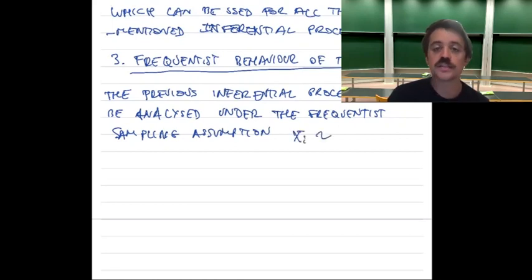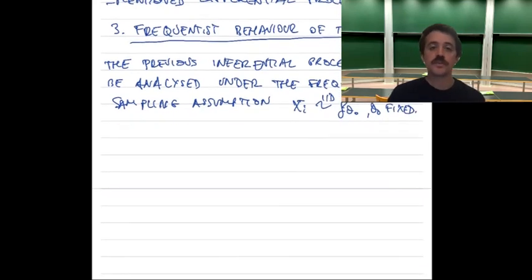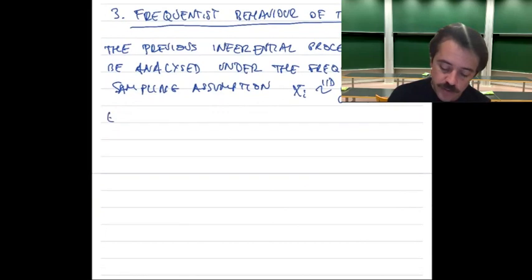So we have the Xi's are going to be IID according to some f theta naught, some theta naught fixed, of course in the parameter space capital Theta. Okay, so let me then give you this example.